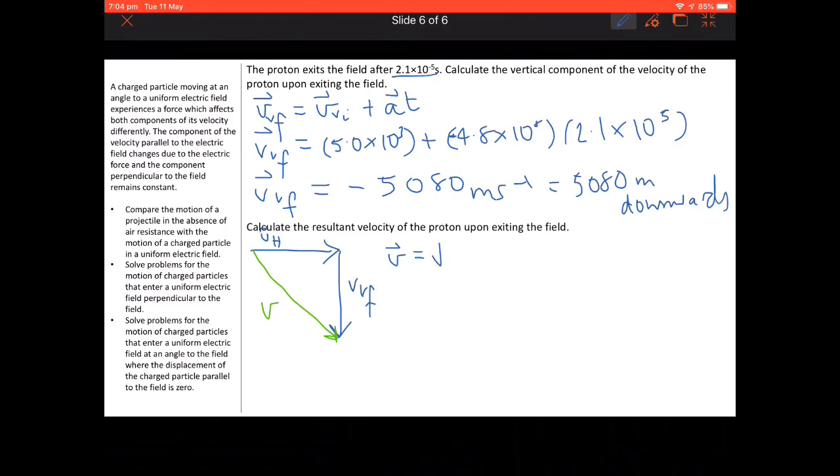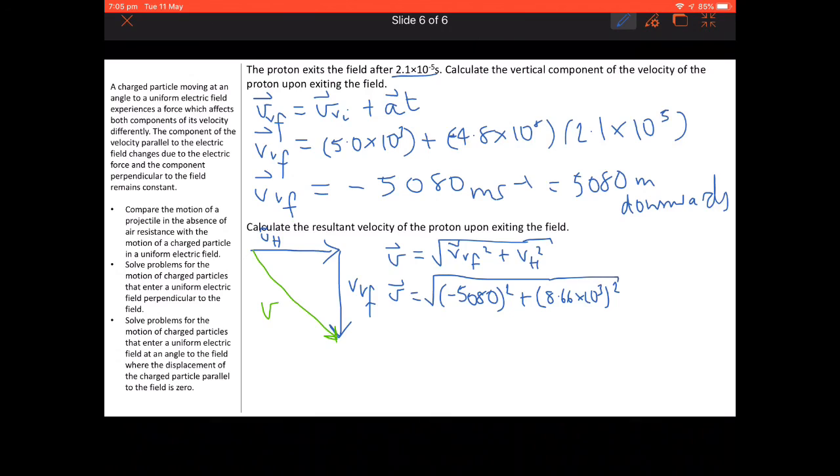So to work the overall velocity out, we'll do some Pythagoras. Overall velocity will be equal to the square root of vertical velocity final squared plus horizontal velocity squared. This will be equal to the square root of negative 5,080 squared, and that will become a positive because we're squaring it, and then the initial horizontal velocity squared, which was 8.66 by 10 to the 3 meters per second.